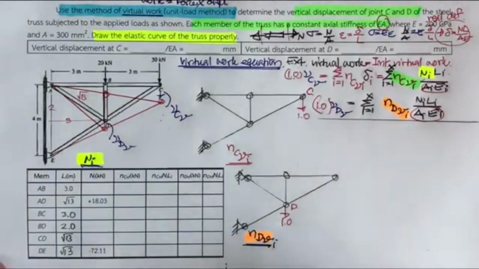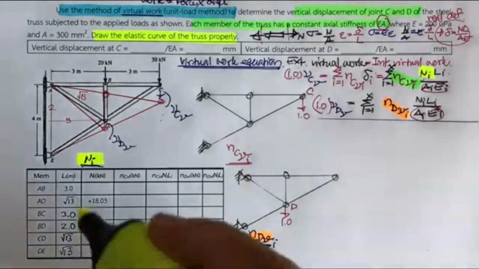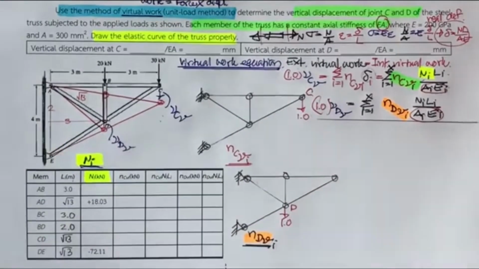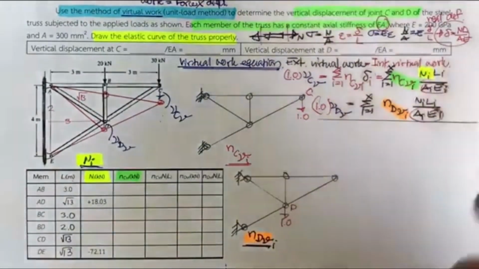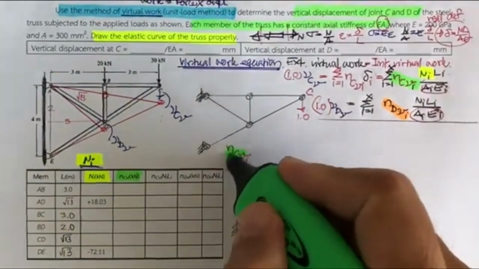And from the table, we can find what? We can find this is the force in the member of the truss due to the applied force. And then we determine this one, which is this one due to this one.